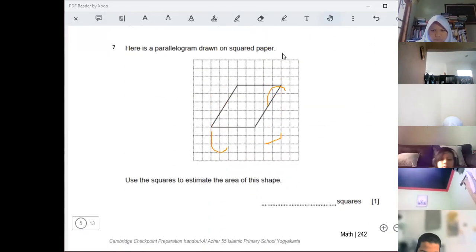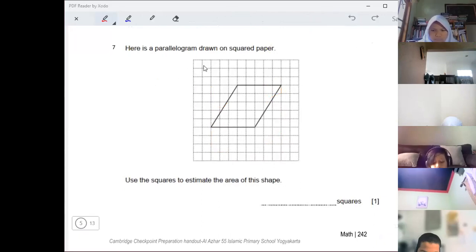Okay, now, here is the parallelogram. Use the squares to estimate the area of these shapes. Can you help me, Atta? Gimana, Atta?